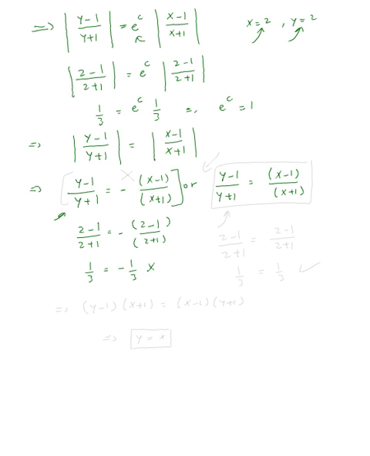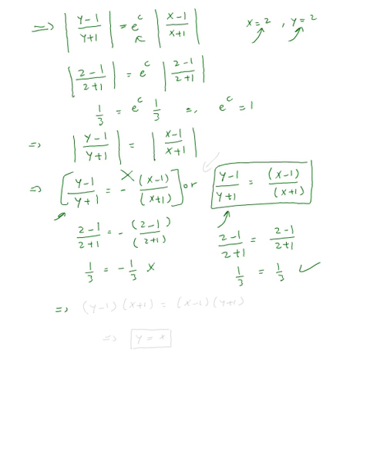Now let's make sure the other is a solution. Do the same thing here. Plug 2 for y, so you get 2 minus 1 over 2 plus 1 is equal to 2 minus 1 over 2 plus 1, which means 1 over 3 is equal to 1 over 3. This makes sense. So this is our implicit solution.